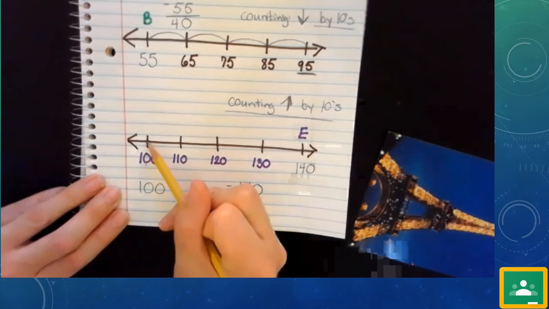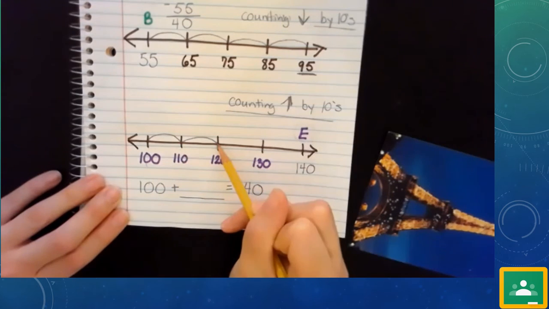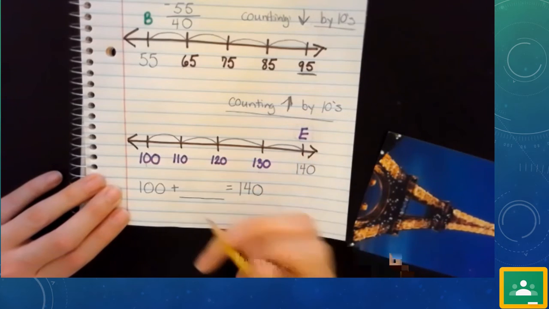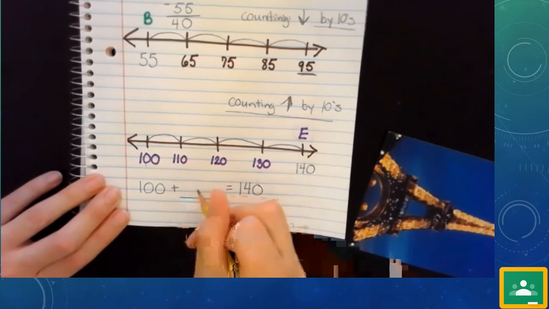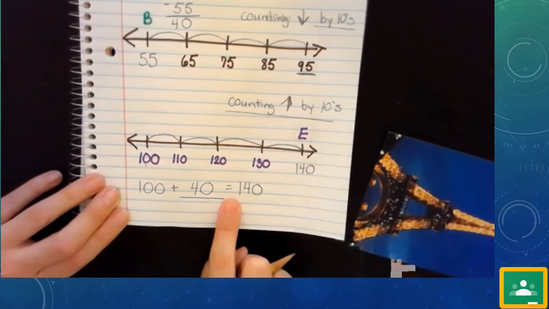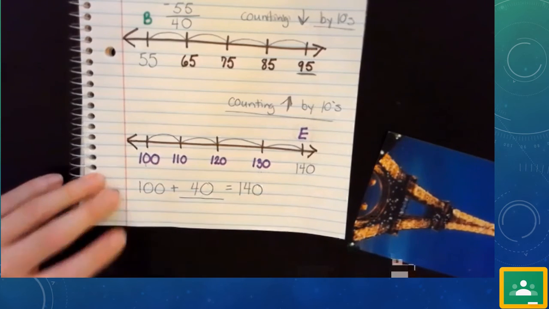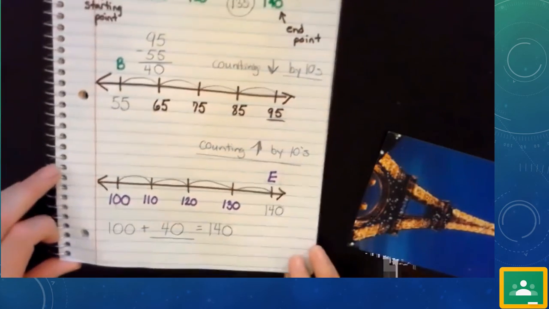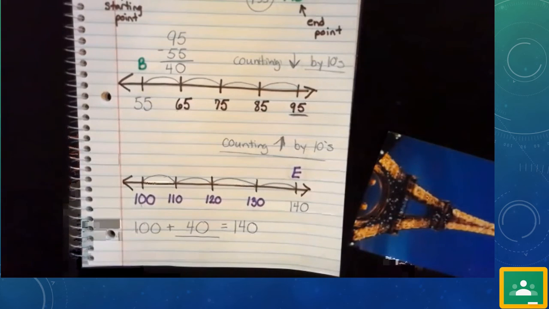Let's count. 1 10, 2 10s, 3 10s, 4 10s. So when you have 100 and you add 4 10s or 40, that will equal 140. So that's how you can use number lines to find differences and sums or parts of a sum equation that are missing.